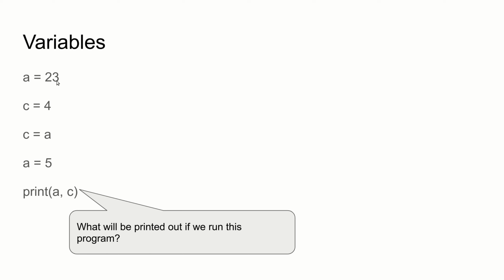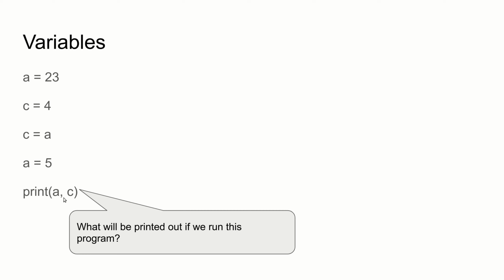So here's another sequence of variable assignments and things being used. So a gets 23, c gets 4, then c gets a, and then a gets 5. So it's worth taking a moment to stop and think about what would be printed out if you ran this program.